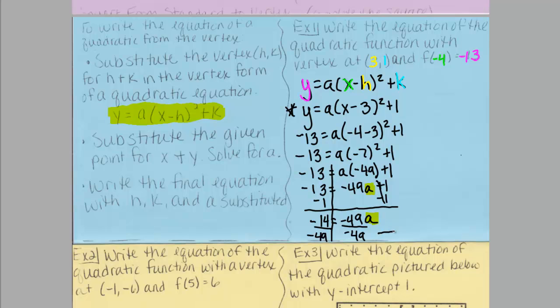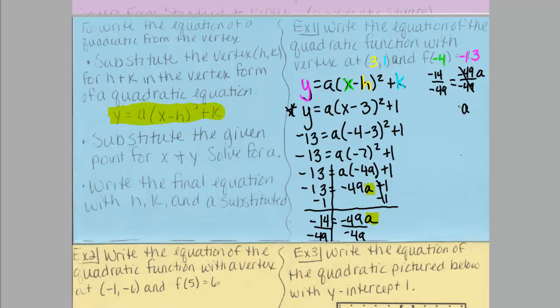I am going to write the result for A up here. So we ended up with -14. Oh, I just ran out of room. If you did not run out of room, don't worry about rewriting this again. Okay. So the 49 over the 49, that cancels.